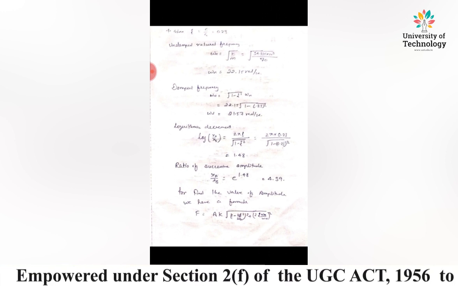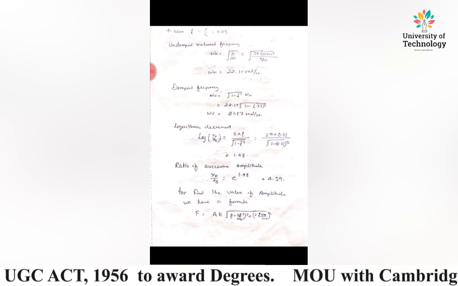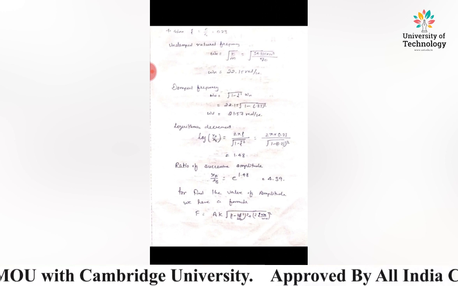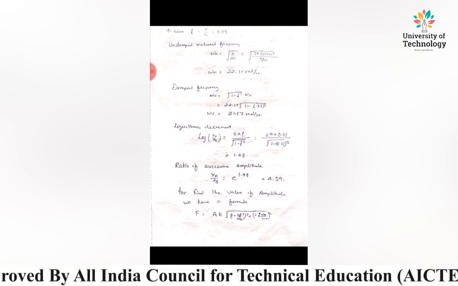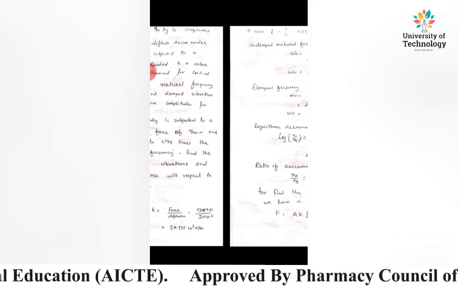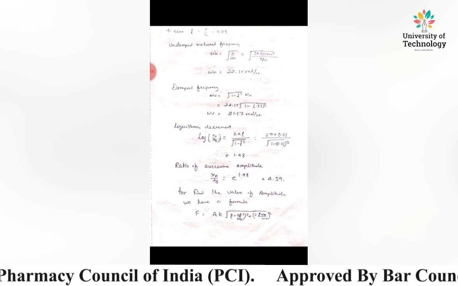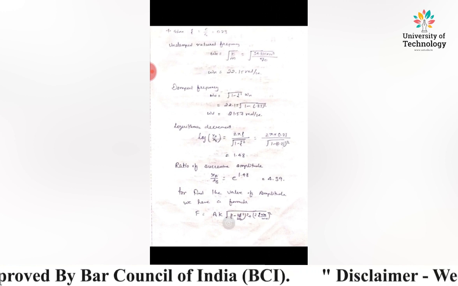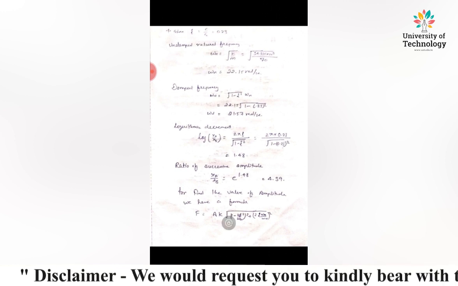Now we have to find omega n. Omega n is equal to root k by m. By putting the value of k, that is 34.335 into 10 to the power 3 Newton per meter, and the mass is 70, if we solve this, then we get the value of omega n is equal to 22.15 radian per second.